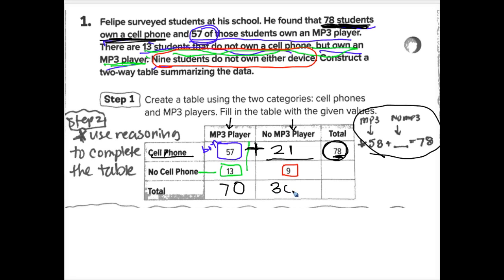So that's 30 kids in the no MP3 player area. 70 plus 30 is 100. And so if I look at my total row, 78 plus what will equal 100? 22. So basically you just find a spot that you can determine an answer, and then it'll kind of domino effect from there.